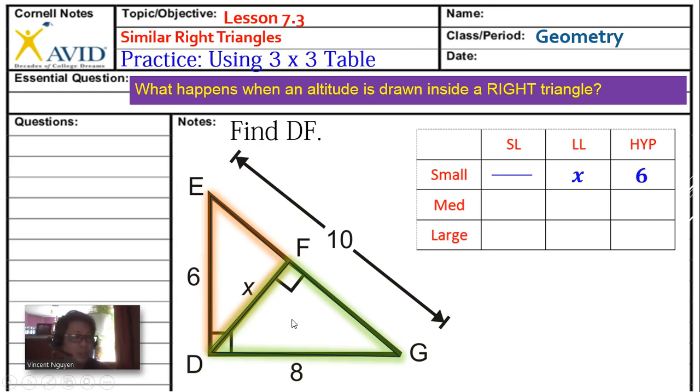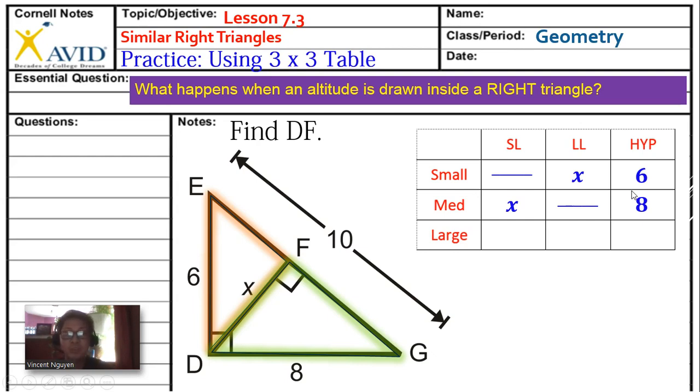So if I were to fill this table out for medium, it would go x, blank, 8. There you go. Now, if you look at what we've filled in, there's no proportion for us to solve, right? We can't do x over blank and then 6 over 8. That's not going to help us solve anything because blank is blank, all right?